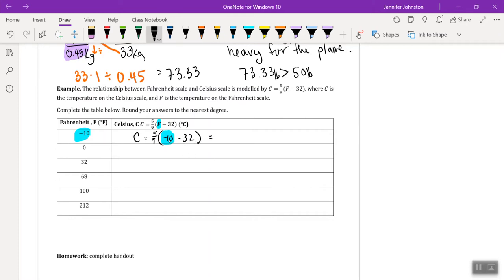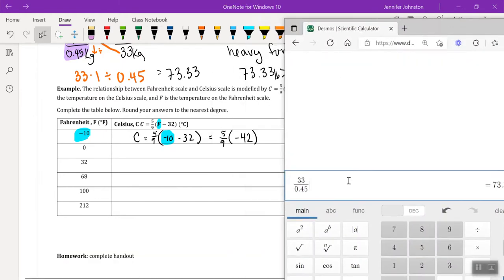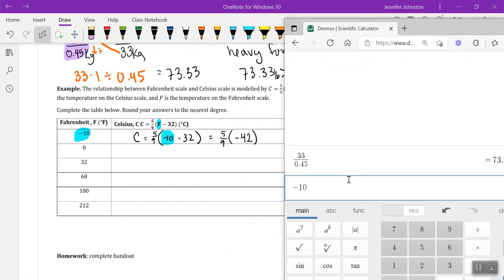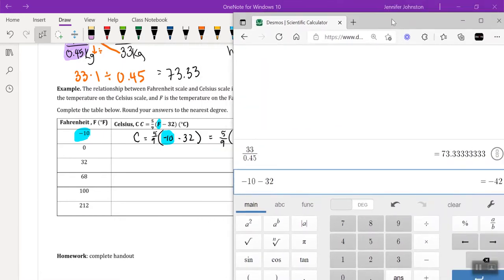Let's do what's in the brackets. What's -10 minus 32? And we're going to multiply that by 5/9. We're going more into the negatives. How much more? 10 more into the negatives. So we're at -42. We can even double check that. -10 minus 32 is going to give us -42.